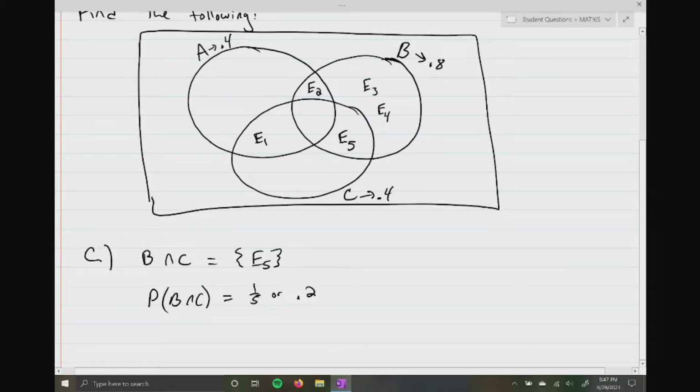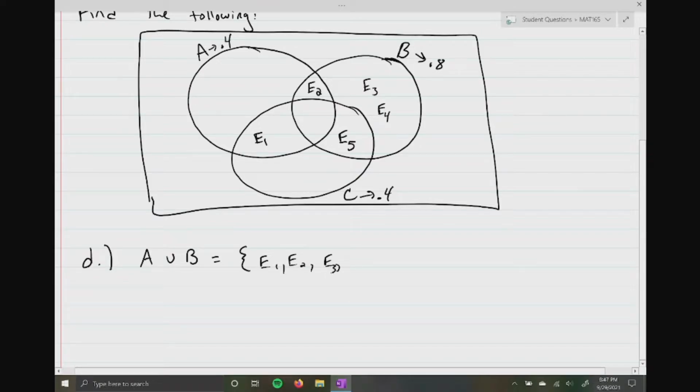Okay. Now, here's letter D. Let me erase this for letter D. Letter D is going to be the union of A or B. So in this case, we're going to write down all of the events that occur in A or B. So in this case, it's going to be E1, E2, E3, E4, and E5.